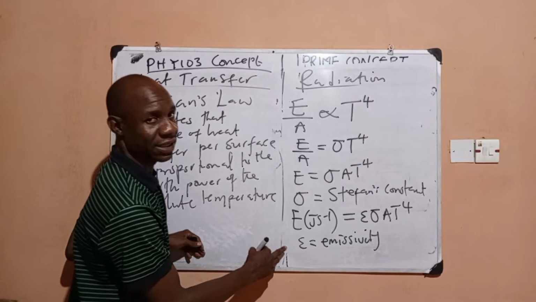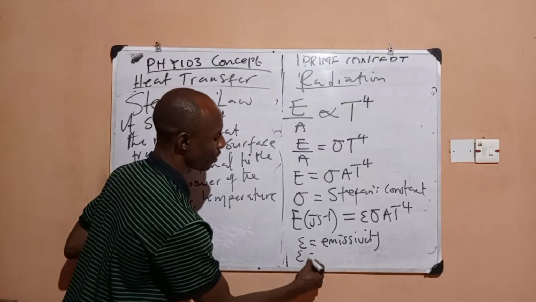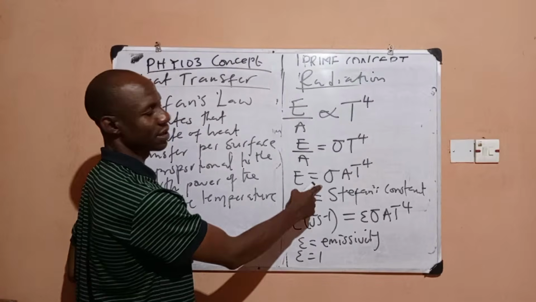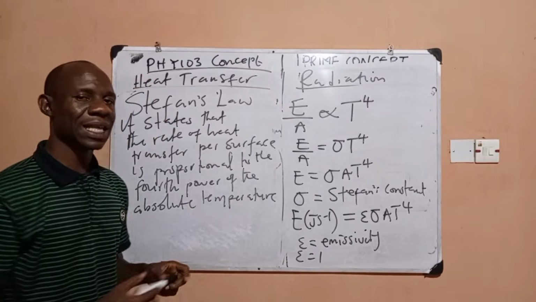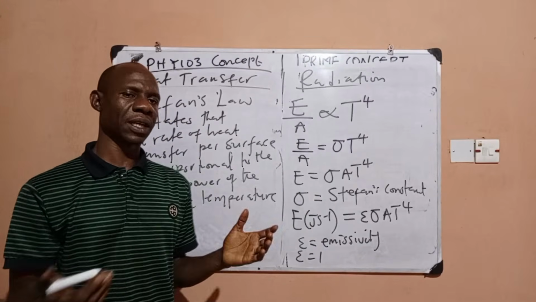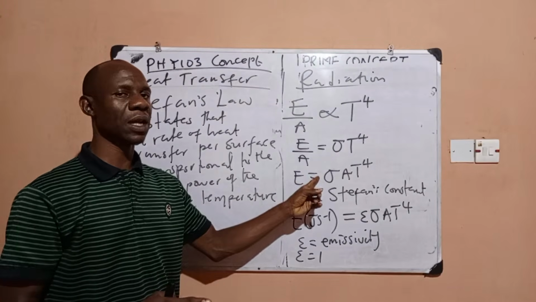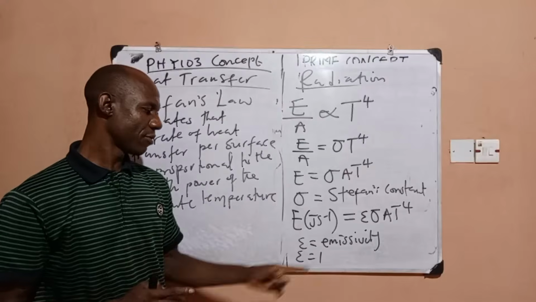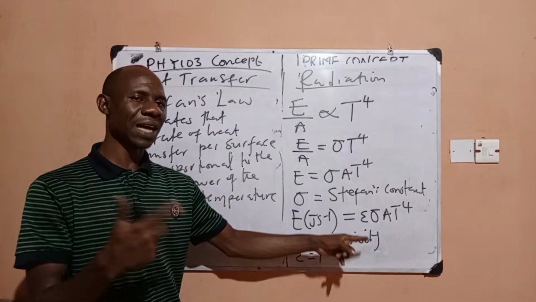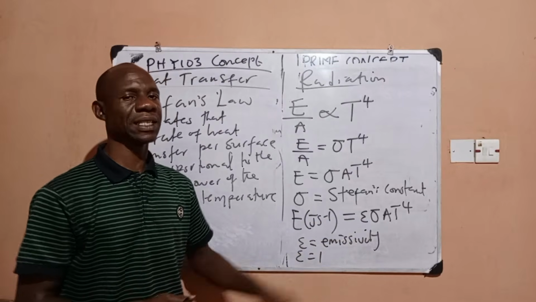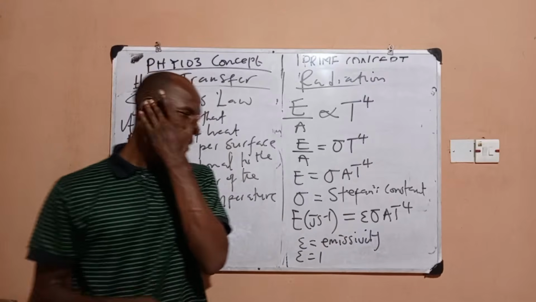For a perfect black body, epsilon is 1, and that is why you are not seeing it in this equation. So anytime they don't tell you whether the body is perfect or not, you assume that it is perfect and use this formula. But in case it is not perfect, emissivity will have values less than 1, and then you use this formula.